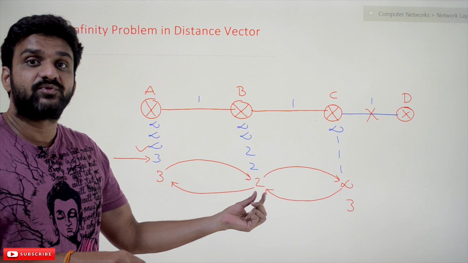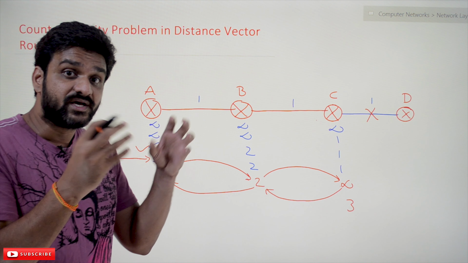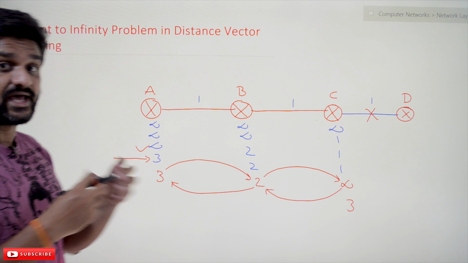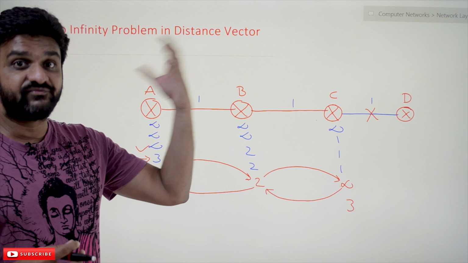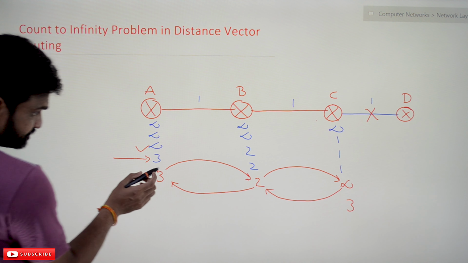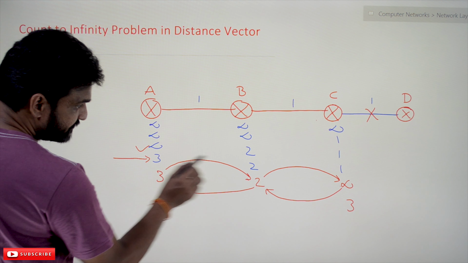It will consider the values from the neighbors, the data transmitted from neighbors, because the neighbors only know what is happening in the network, whether there is a failure or not. So 3 will get transmitted from A to B.